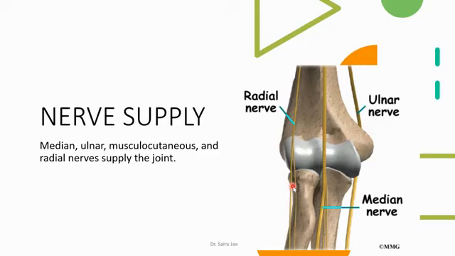Okay, give me the answer to the question I am asking. Radial nerve is continuation of which cord of the brachial plexus? I have already taught you radial nerve, so answer this question.